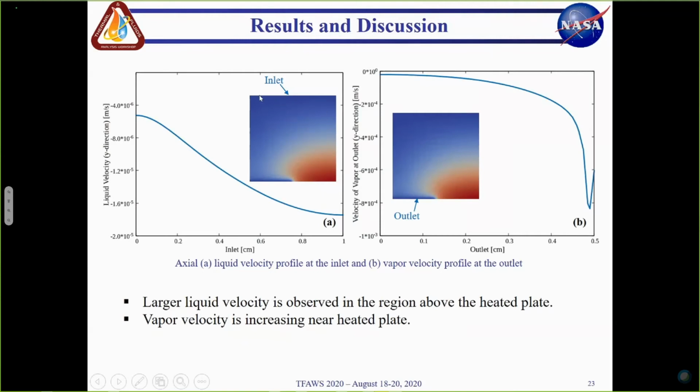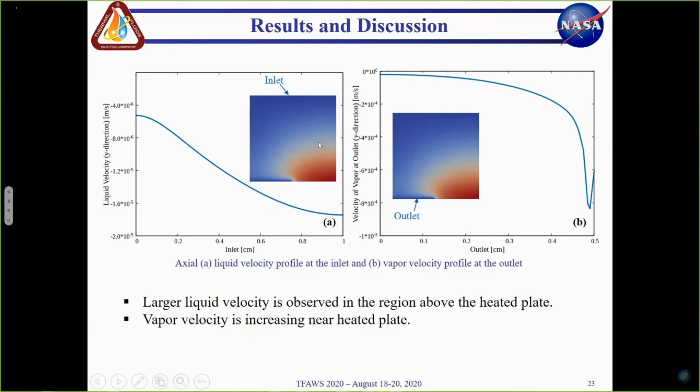In this slide, we present the liquid velocity along the inlet, and you can see this is not uniform. This is our inlet, and the larger velocity is observed in the region above the heated plate, because around the heated plate the evaporation takes place.